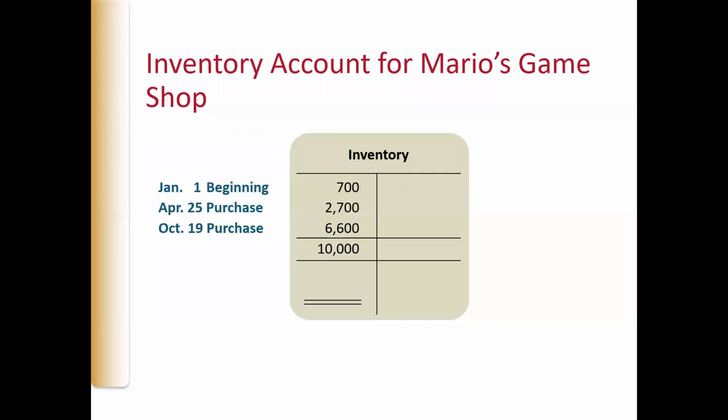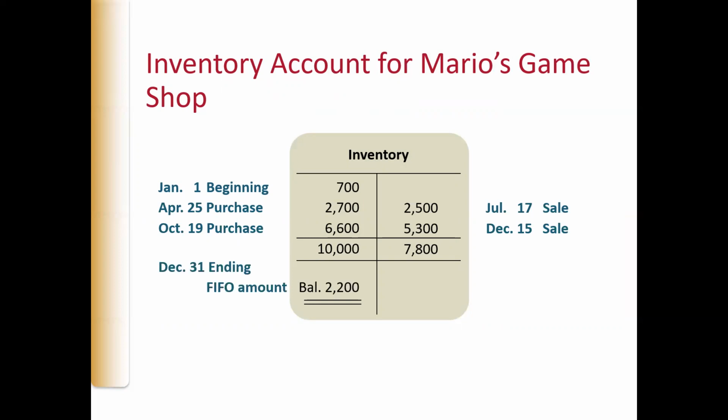They had purchases of 2,700 and 6,600, and they sold two different times, on July 17th and December 15th. We've got sitting in the account, based on FIFO, 2,200.